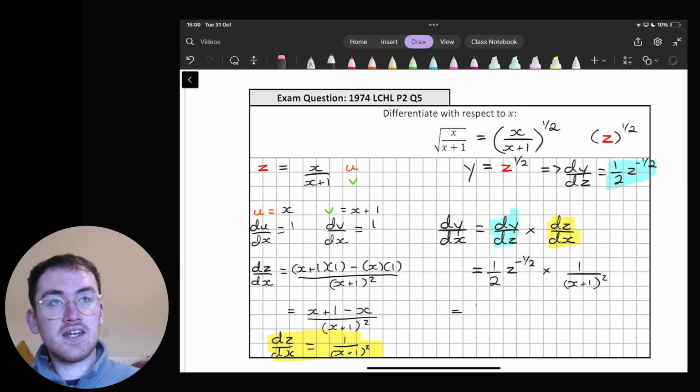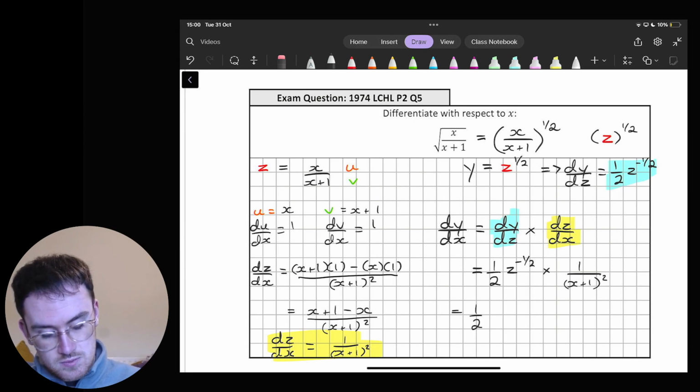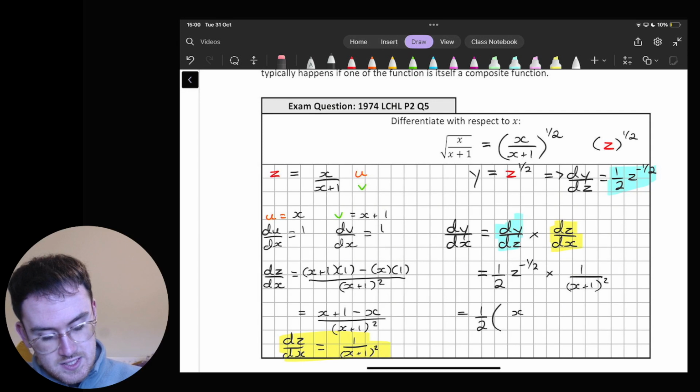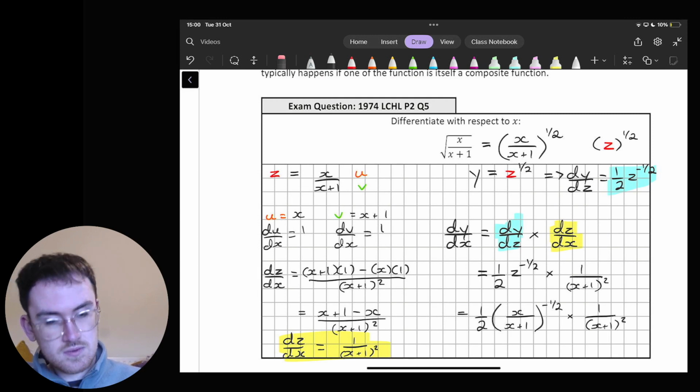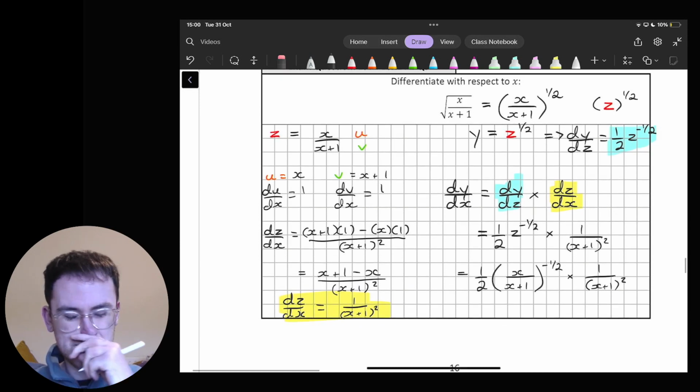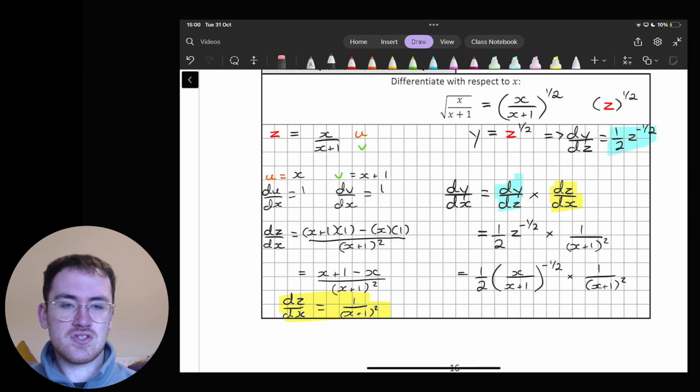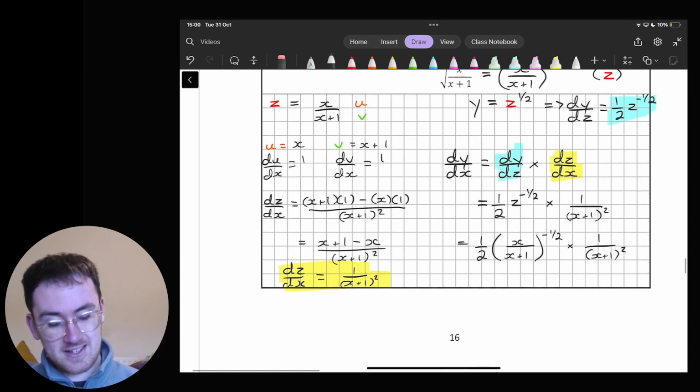Let's just fill in for z here in those places. So z is again x over x plus 1 to the power of minus a half, times 1 over x plus 1 squared. Okay, now if we want to reduce this down a little bit further, it's just a matter of using our algebra.